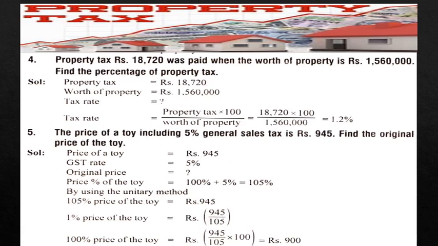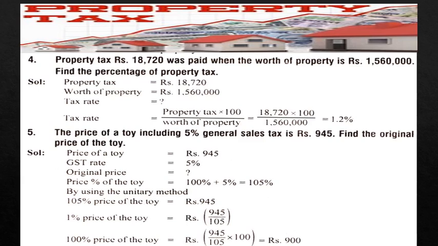Number two, amount of tax, like our previous question, amount of tax was given, rate was given, and we found the worth of property. And now the third case is property tax, amount of tax is given, total property worth is given, but rate is missing.